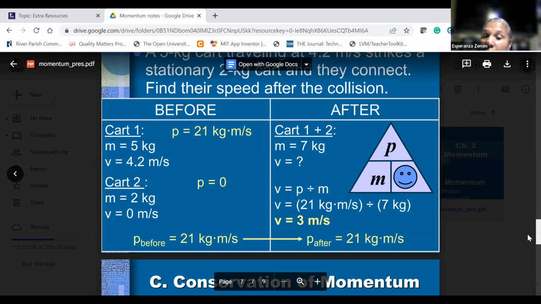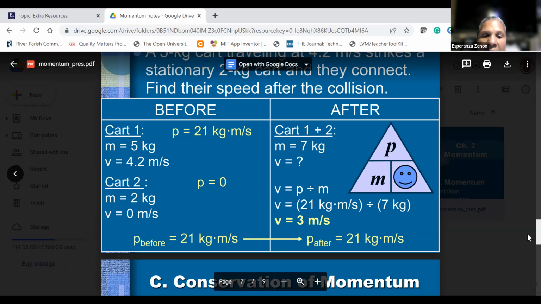The only way we can figure this out is if we use our conservation of momentum, which tells us that the total momentum before, 21 kilogram meters per second, has to be the total momentum after, 21 kilogram meters per second. So now what do we know? We know the momentum, we know the mass. So if we want to get the velocity, we take the momentum divided by the mass. 21 kilogram meters per second divided by 7 kilograms gives us 3 meters per second.